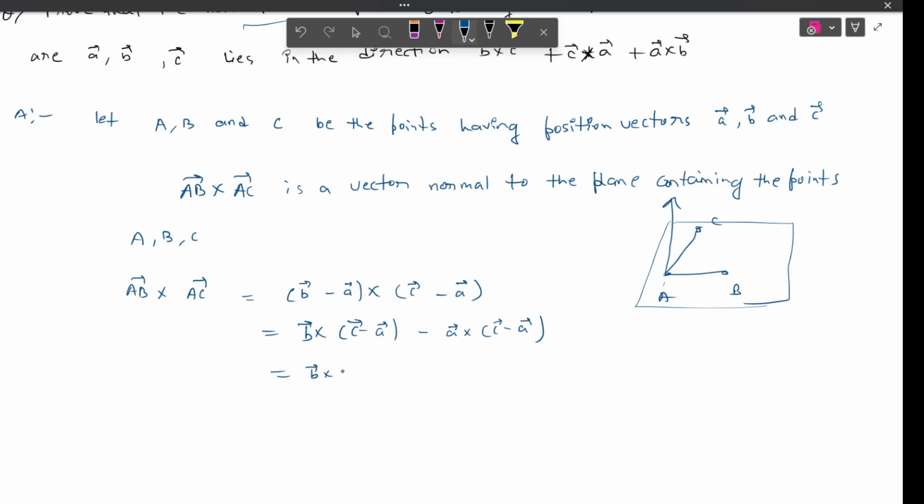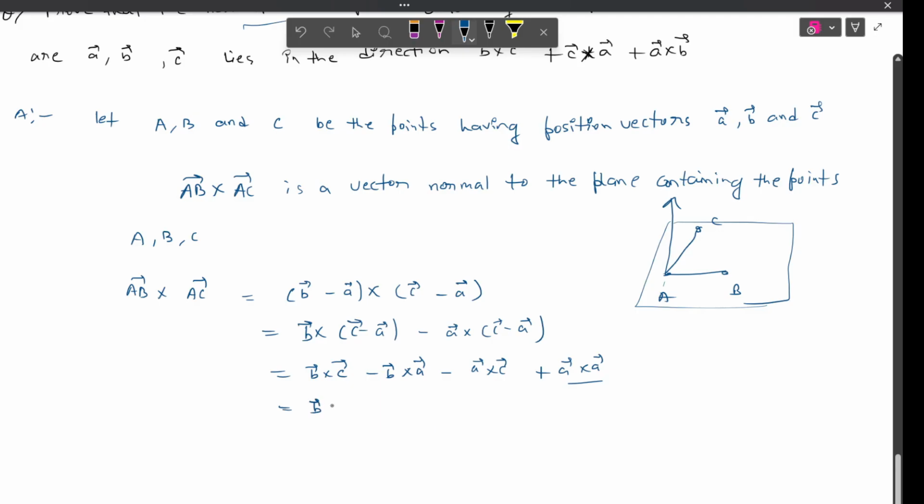So it would be B cross C minus B cross A minus A cross C plus A cross A. Now A cross A is 0. We know this. Similar cross product.